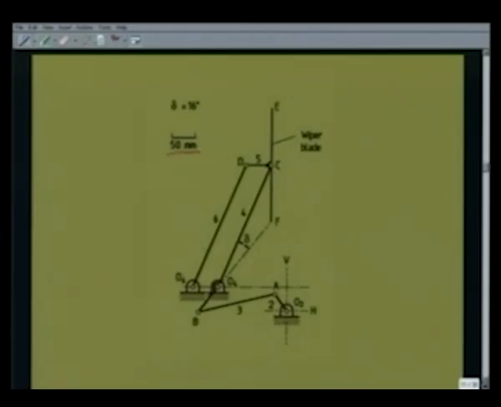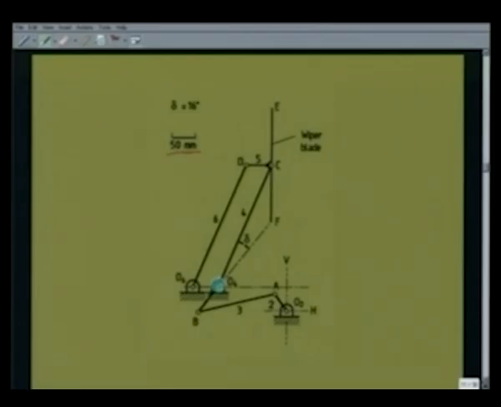Let us now see this mechanism. This has O2, A, B, O4. This part is a crank rocker mechanism. And then this link 4 is extended beyond O4, and we have another 4R mechanism, namely O4, C, D and O6.